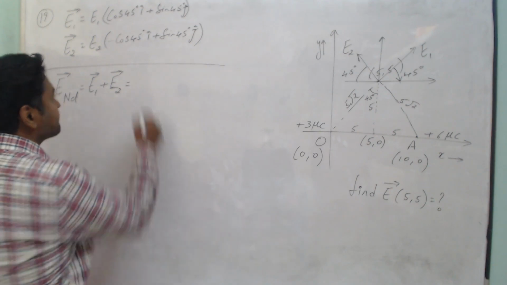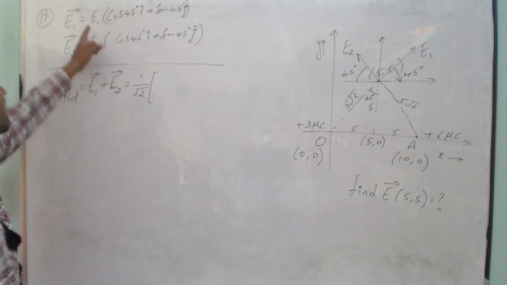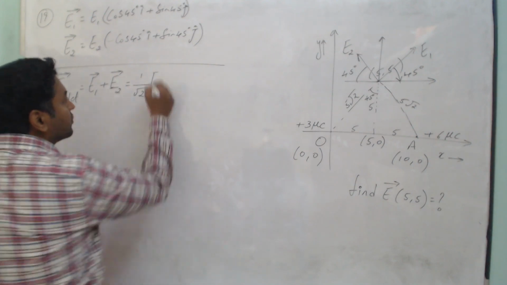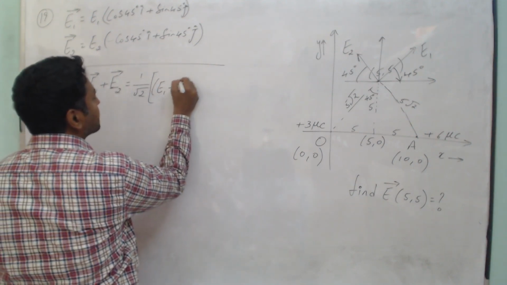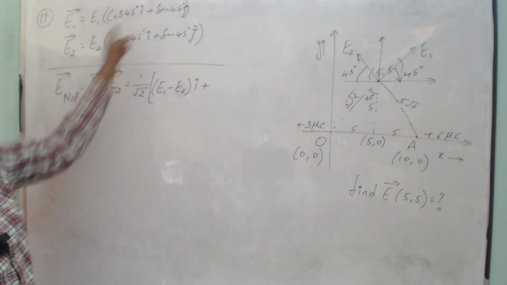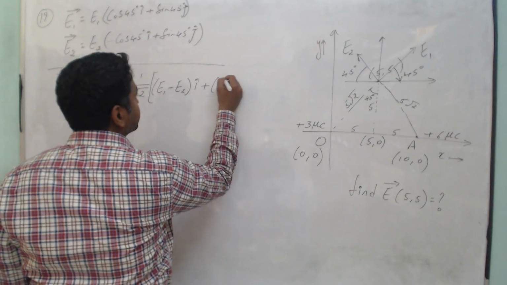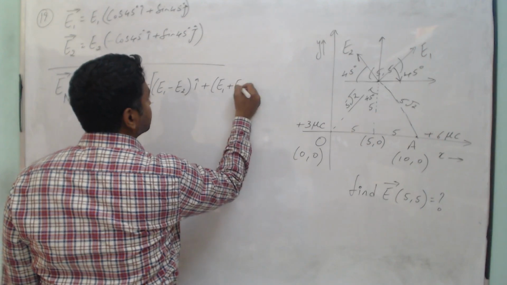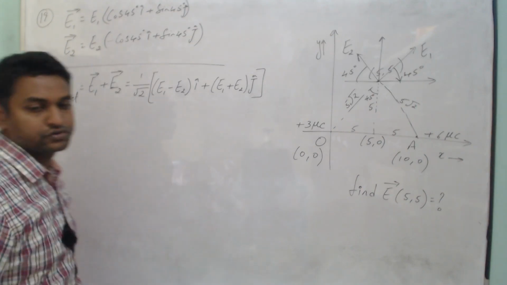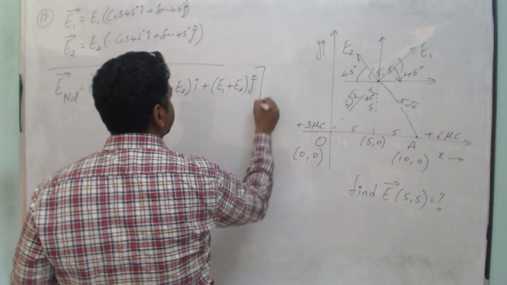Next, inside the bracket, what do I have? I have E1 minus E2 I cap plus E1 plus E2 j cap. Is this clear? I'll discuss this entire solution once I'm done with solving it. Okay. I'll explain the entire solution again.